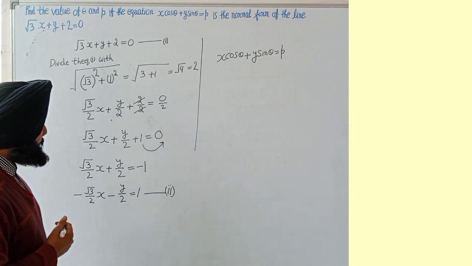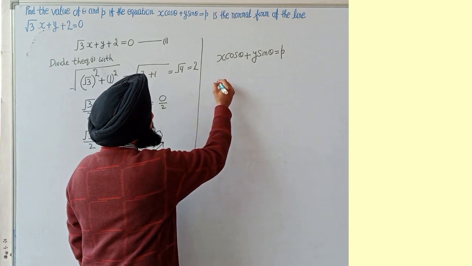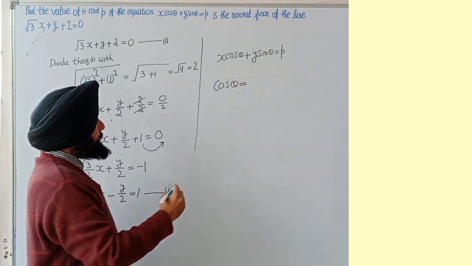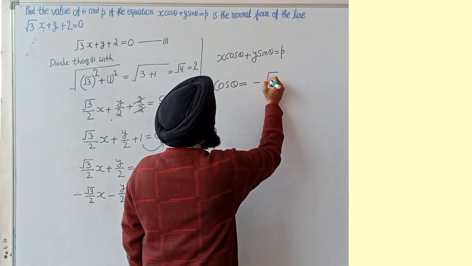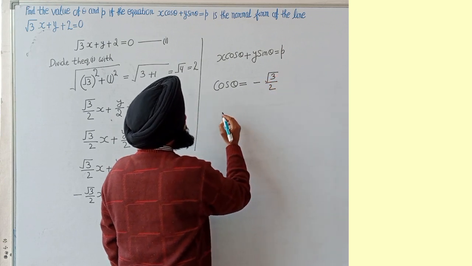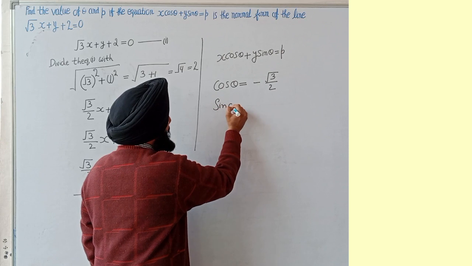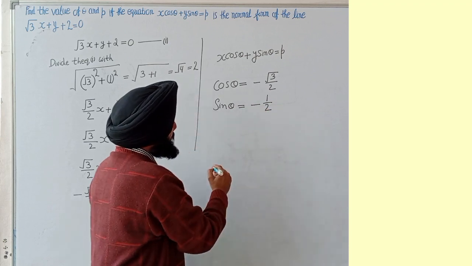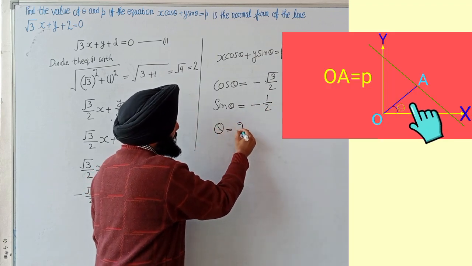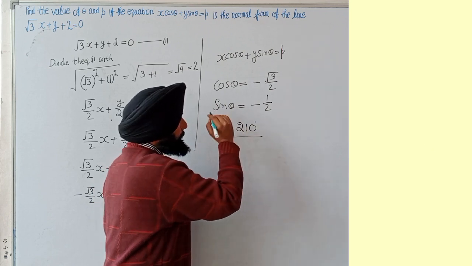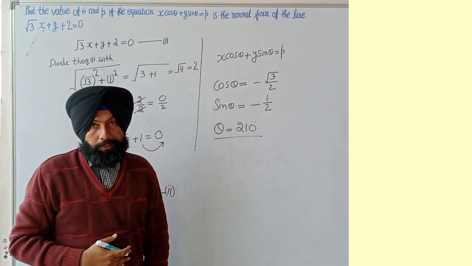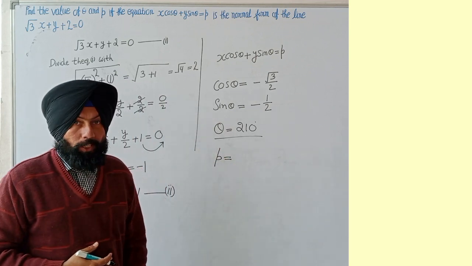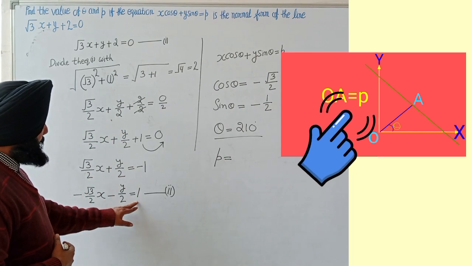So on comparing we get cos theta equal to negative under root 3 over 2 and sin theta equal to negative 1 over 2, that is theta is 210 degree with the help of trigonometry. And P, that is the perpendicular distance of the normal, P is 1.